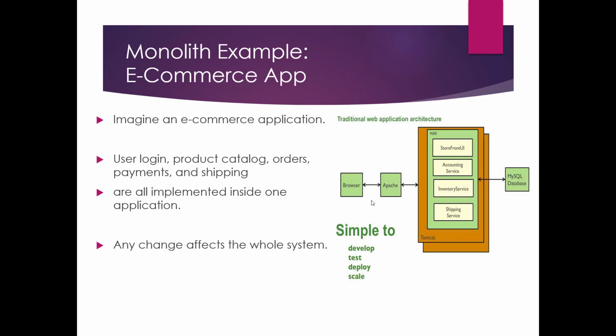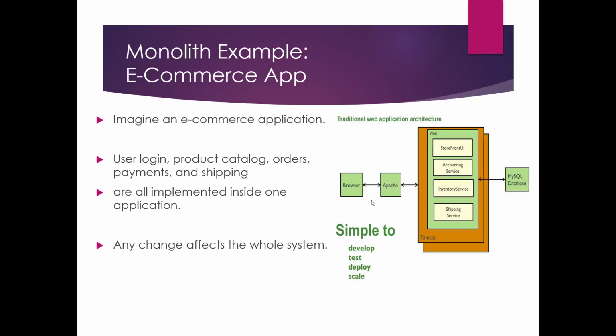Then I will explain why a monolith application was not suitable and what the use of microservices is. Imagine we have an e-commerce application with multiple modules: the client information, the order information, the product information.